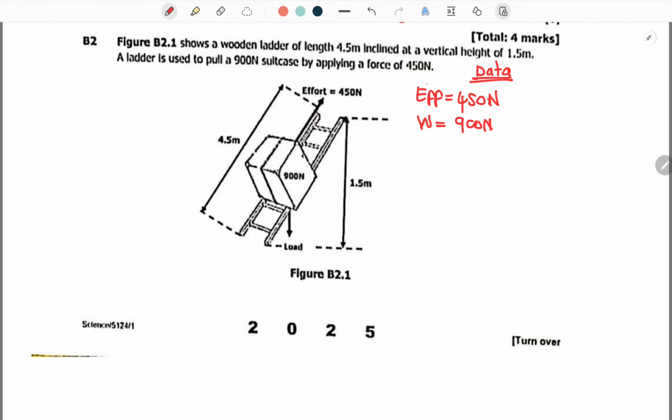I want you to do what I'm doing, just collect the data. That is a suitcase, right? So this is the weight of a suitcase.